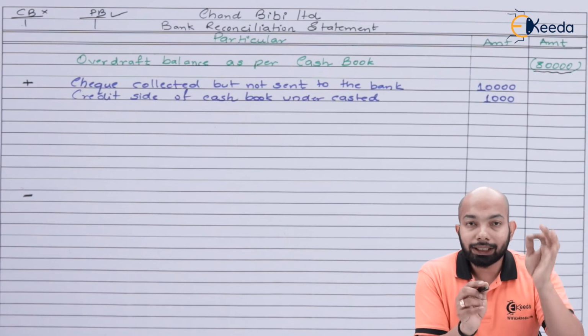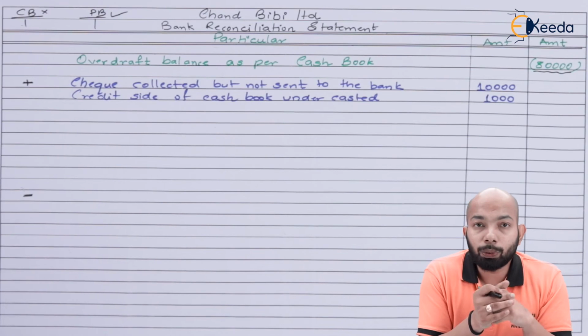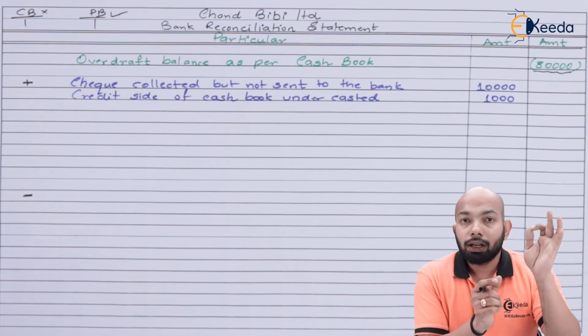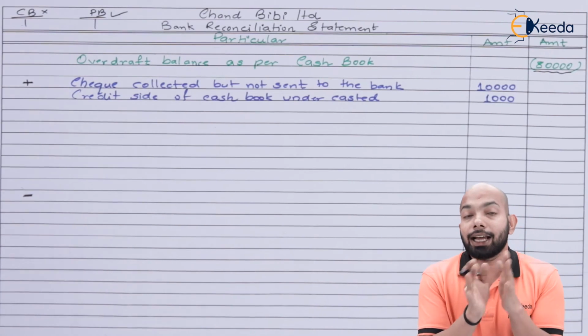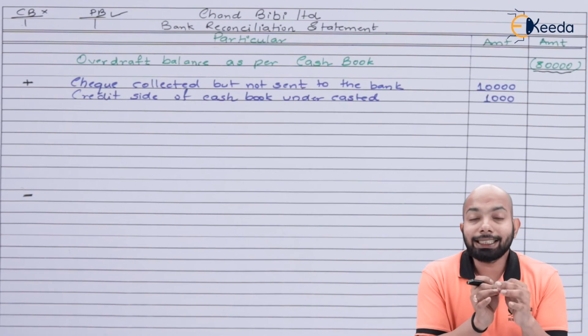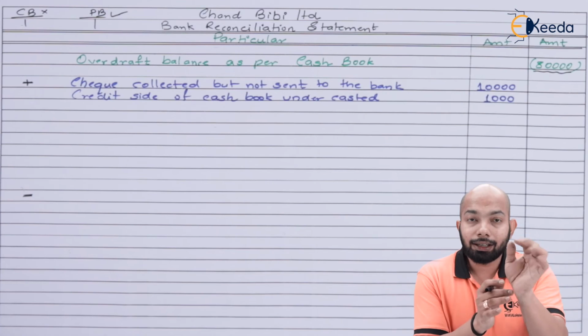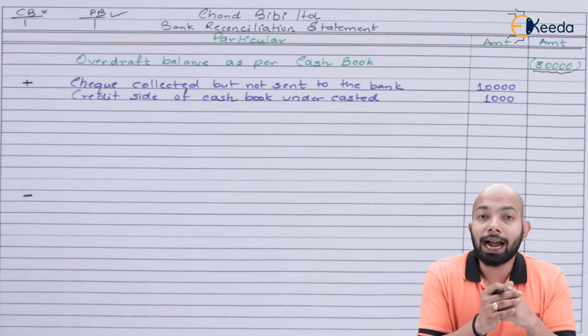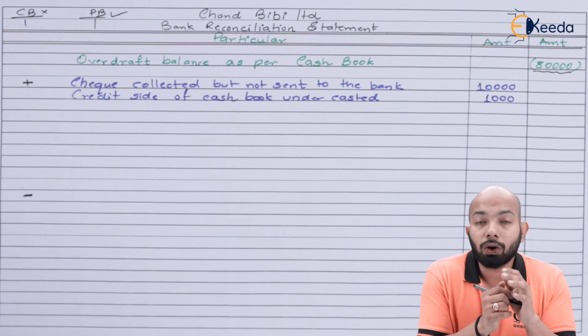That means on the debit side it has been entered twice. So we have to reduce it here. If there is any reduction to be done, it has to be subtracted. It is related to the wrong book, hence it will be added. So this amount will be mentioned in the addition column.